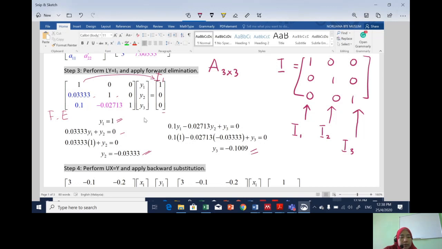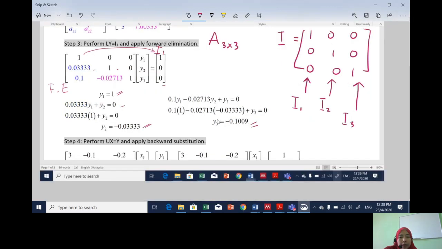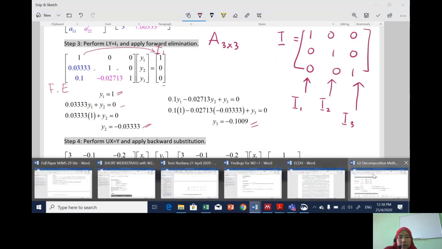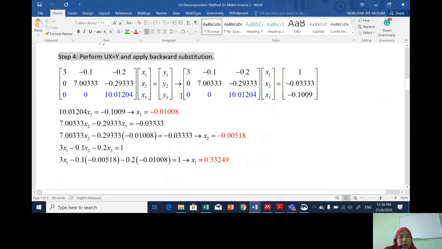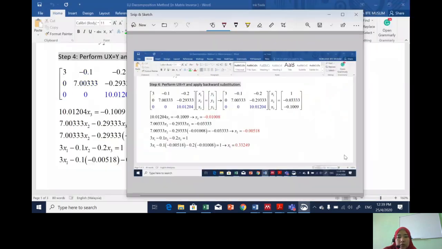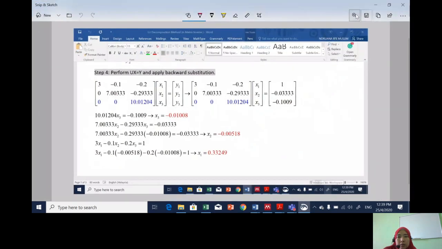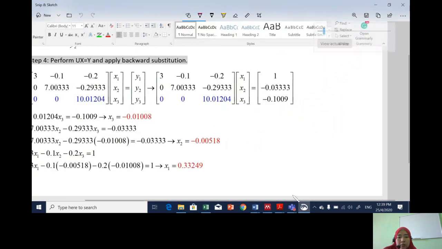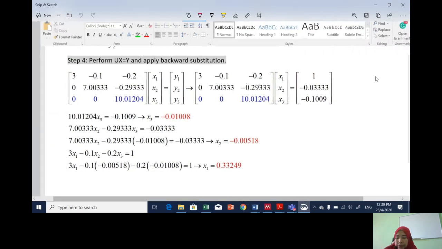The next step is to perform Ux equals Y. Once we have found y1, y2, y3 using I1, the next step is to perform Ux equals Y and apply backward substitution. This is our matrix U, the upper matrix.